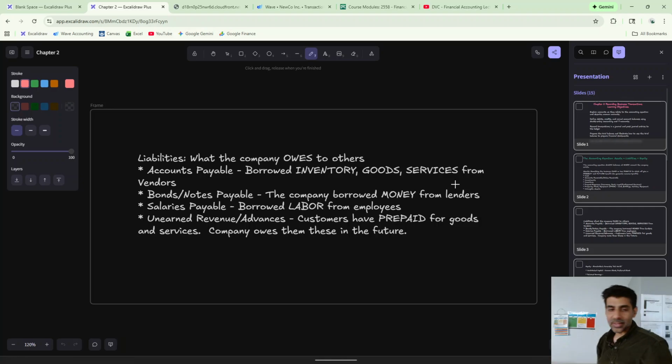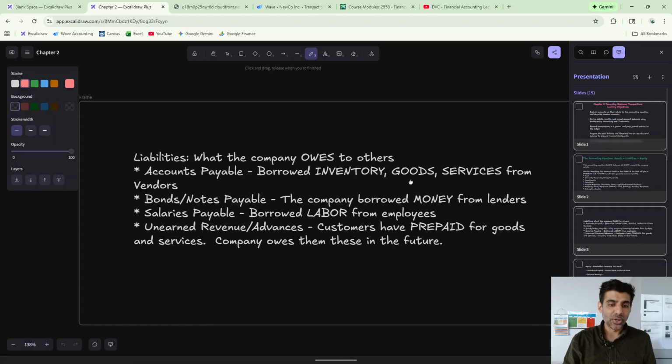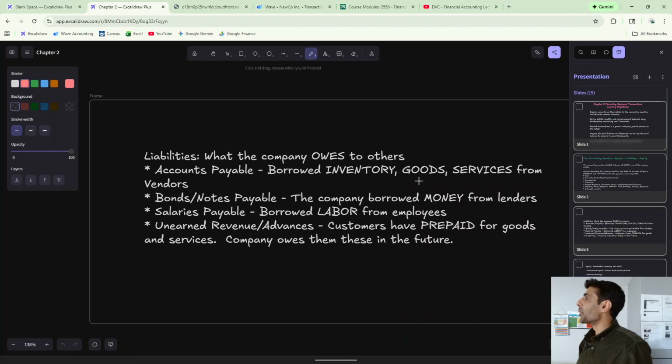Again, what is a liability? It's anything your company owes to anyone else. This can be owing to the bank if you borrowed money. It could be owing salary to your workers because they're going to work for 2 weeks without pay, and then you pay them at the end of the 2 weeks, so you're technically borrowing from them for those 2 weeks. Your customers, in the case of an attorney who takes a retainer, or an airline that collects money up front.